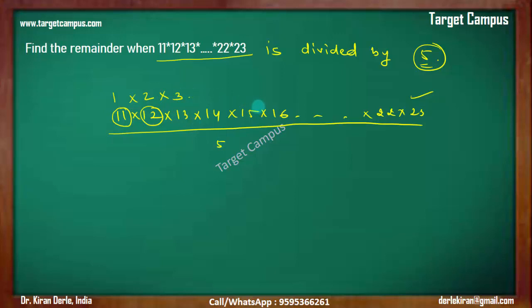But see here, if you divide 15 by 5, your remainder is 0. Irrespective of whatever you got earlier and afterwards, 0 into anything will make it 0. The final remainder will be 0. I hope you have got this idea.